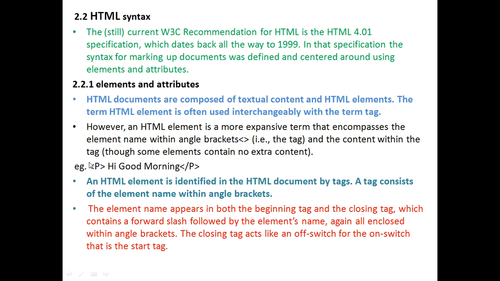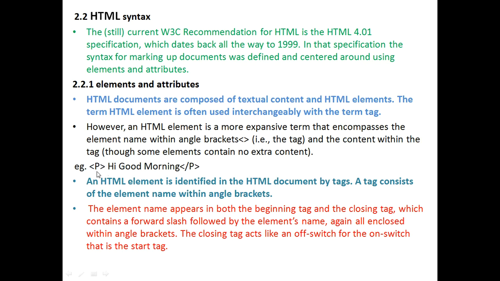So let me take one example. Okay, hi, good morning. It is a small paragraph. I consider "hi, good morning." Then how can I display this in a browser? By using an HTML page. To display this in the browser, we need a tag, what we call a paragraph. Then a paragraph tag is available. It's an angle bracket, and you write it as P for paragraph.